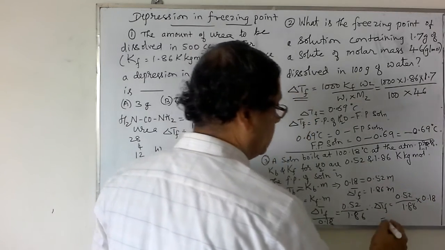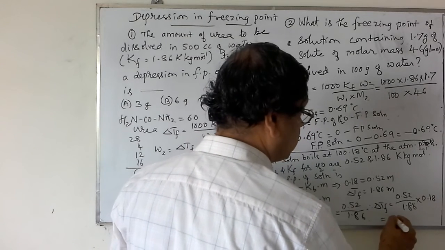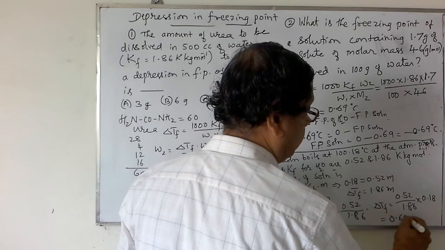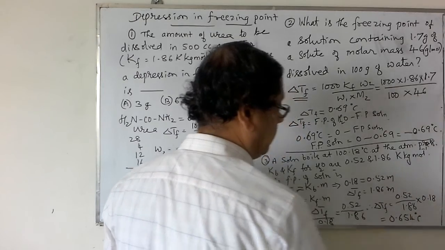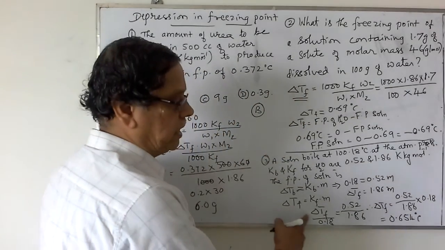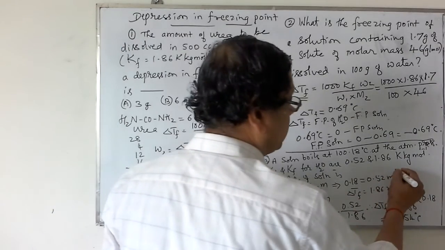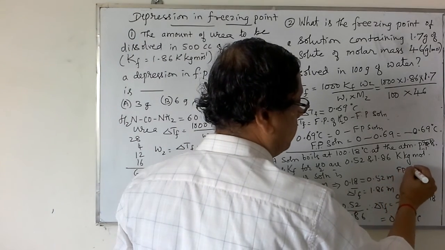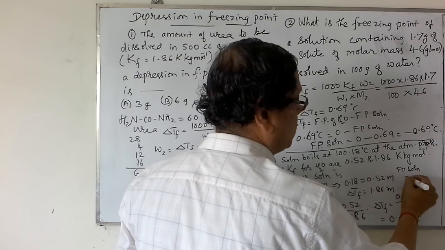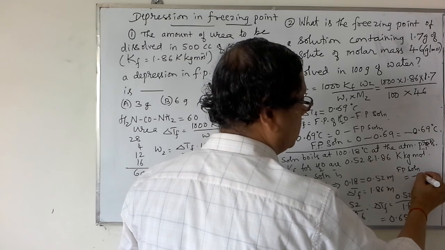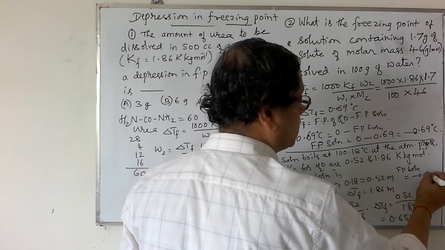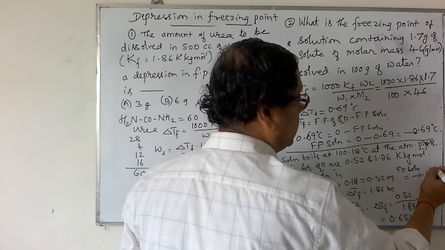This is actually, we get 0.654 degrees Celsius. This is only the depression in the freezing point. As I told you earlier, the freezing point of the solution will be minus 0.654 degrees Celsius.